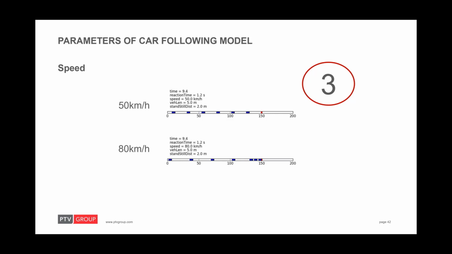Let's say we have 50 versus 80 kilometers per hour, you can see that the higher speed discharges quicker. So these are the subtle ways in which your car following model parameters will have an impact on the simulation and the discharge time for the queues and so forth.